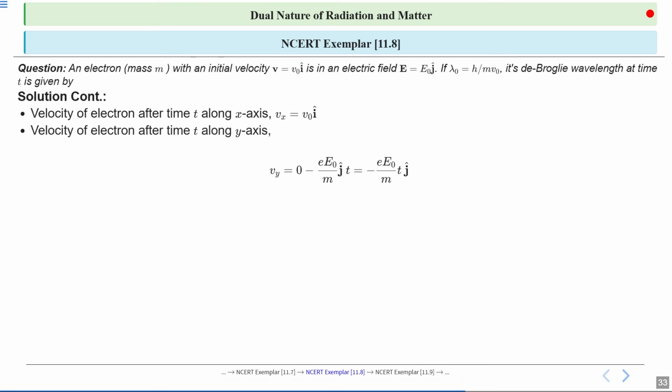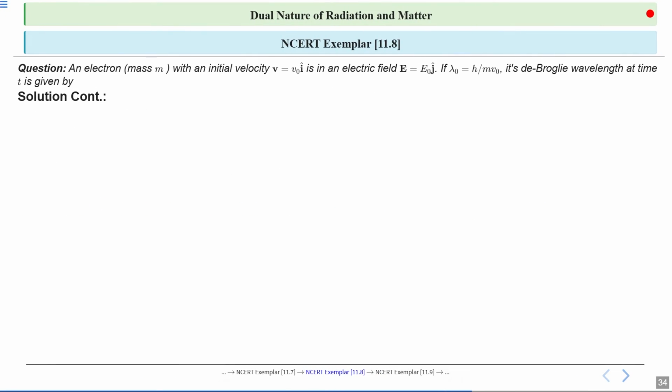So Vy, the final velocity along the y-axis, is equal to minus e E naught t upon m j cap. The negative sign represents that the direction is opposite to the field. So velocity is along the negative y direction because acceleration is also in the negative y direction.